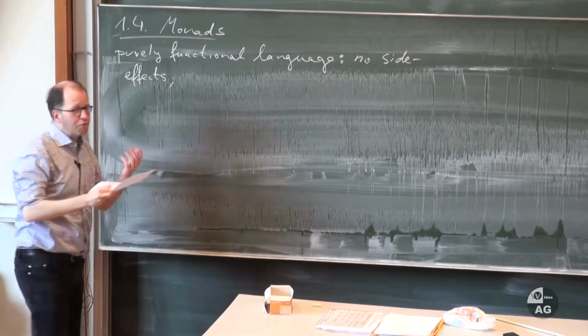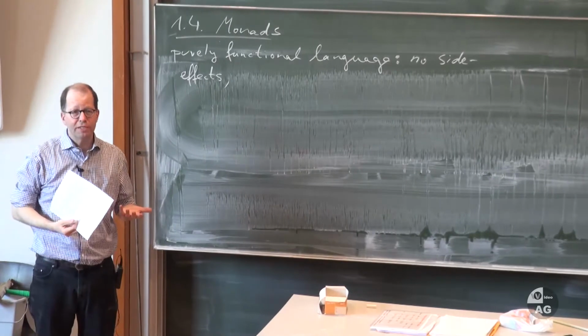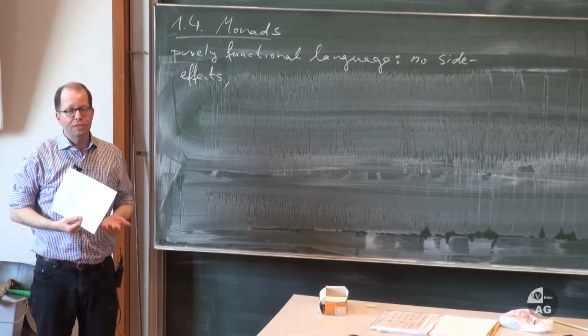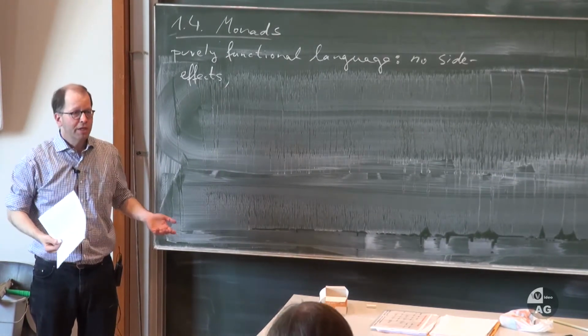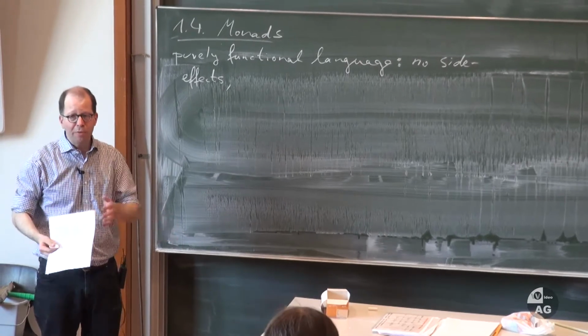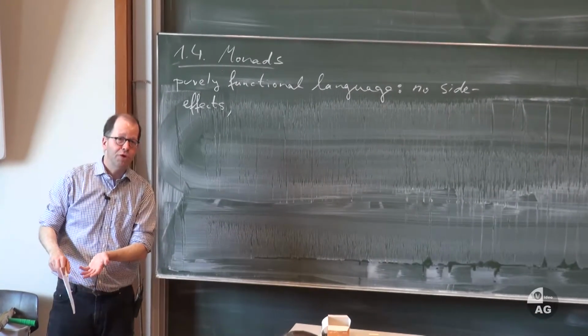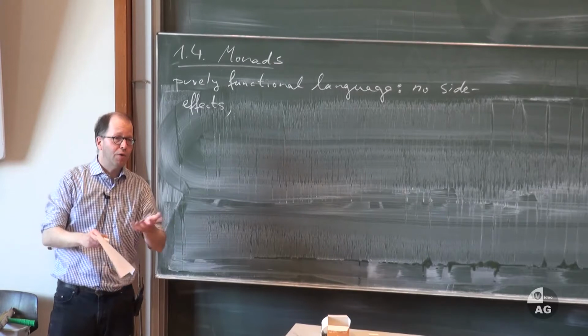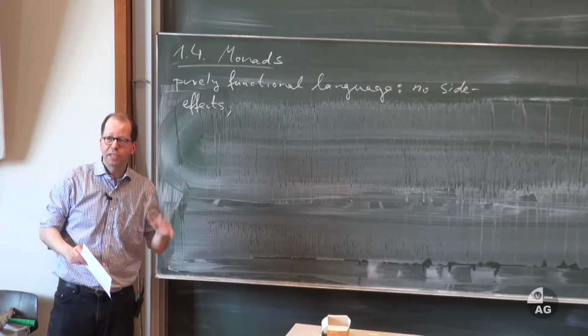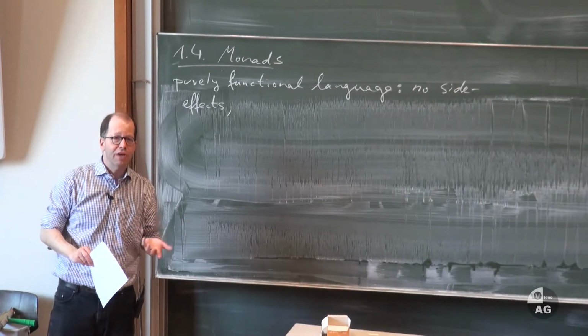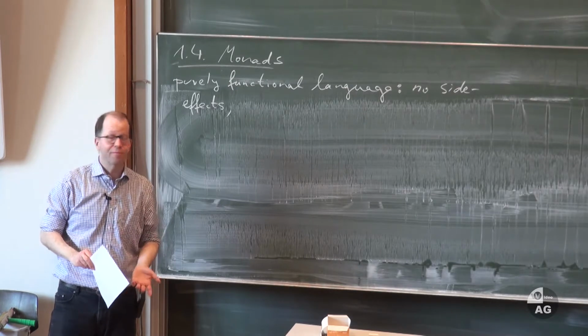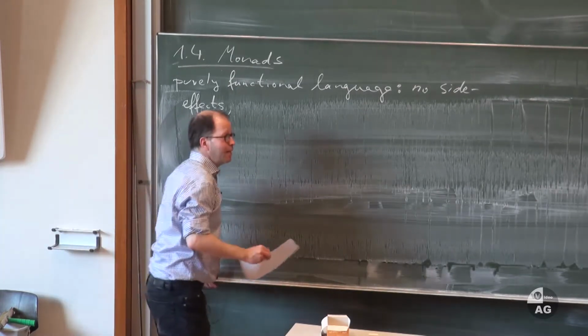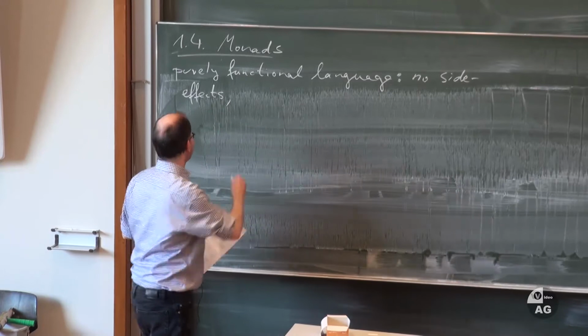And that means if you have an expression and you want to evaluate it, then the result of the evaluation is always the same, no matter what happens in the outside world. So no matter how your memory looked before, or how files look, or what the input of the user is, the result of evaluating an expression should always be the same. That's what we like about functional programming.